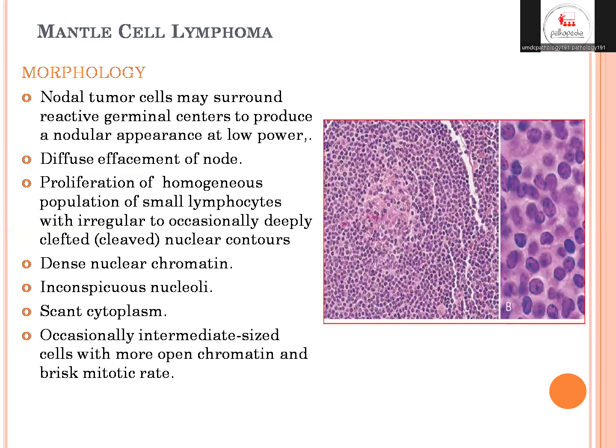On morphology, nodal tumor cells may surround reactive germinal centers to produce a nodular appearance. There is diffuse effacement of the node, with proliferation of a homogeneous population of small lymphocytes with irregular to occasionally cleaved nuclear contours, dense nuclear chromatin, inconspicuous nucleoli, and scant cytoplasm, with occasionally intermediate size cells with more open chromatin and brisk mitoses.